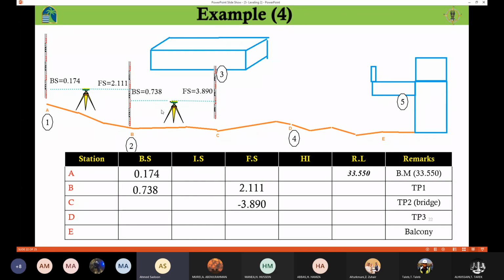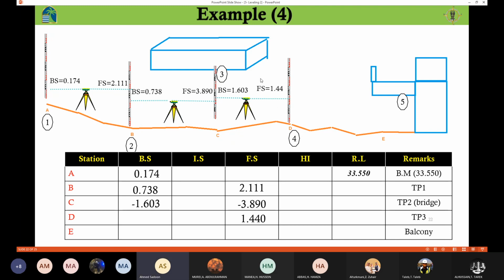Then the instrument is going to be relocated between C and D. Again, I'm going to take the backsight, and since the staff is inverted, the reading is going to be booked with a negative sign. And this one is located on the ground below the line of sight, which means that the value is going to be positive.